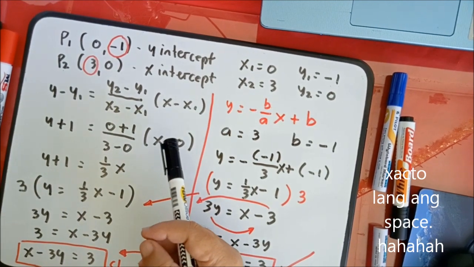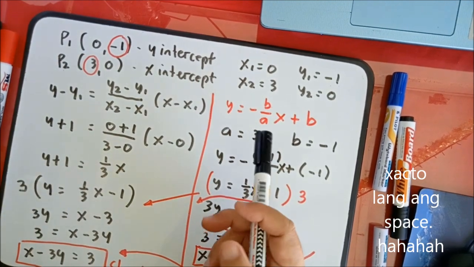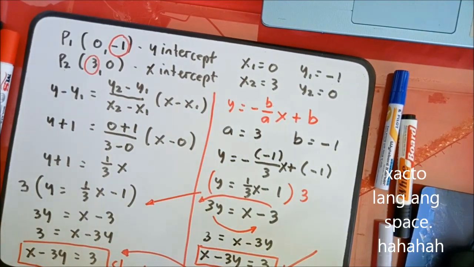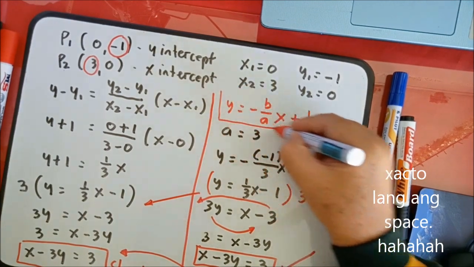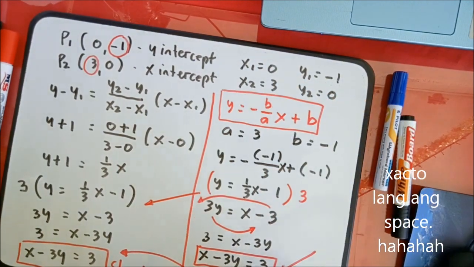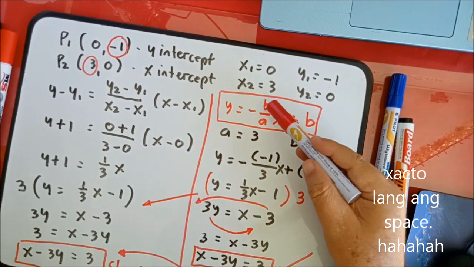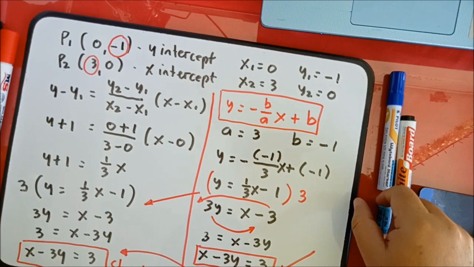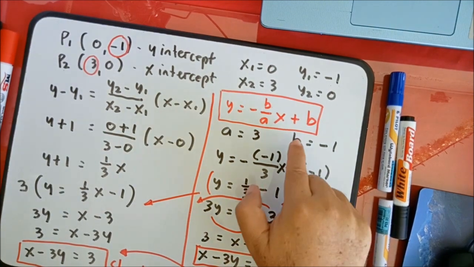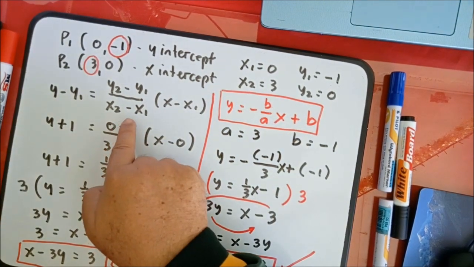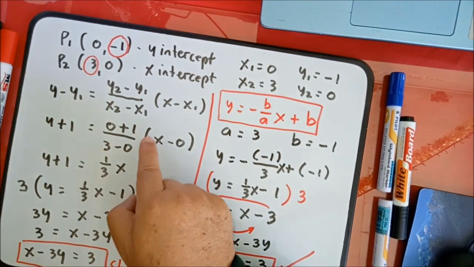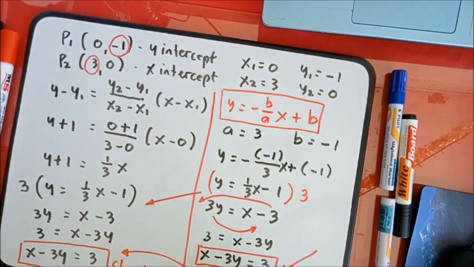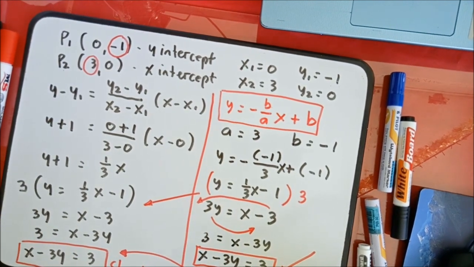Itong long method na ginamitan natin ng 2 points o itong x-intercept, y-intercept formula. Ito lang, memorize nyo lang ito. Just memorize this. Okay. Meron kang y-intercept, x-intercept. Substitute, makukuha mo ng kaagad. So, kapag may x-intercept, y-intercept, ito na gagamitin yung formula. Hindi na ito. Huh? This is only good for 2 points na hindi intercepts. Okay. So, this will be your fourth topic.